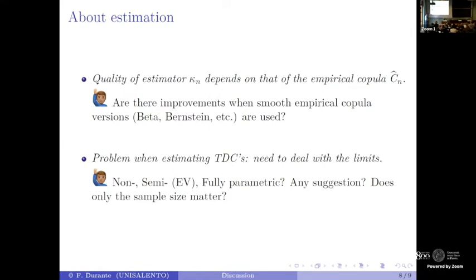So my question is whether she would suggest some, let's say, empirical rule of thumb in order to give some practical advice on when we should rely on non-parametric estimation of the tail dependence coefficient, or when instead perhaps a not so strong assumption like the extreme value assumption could be enough.